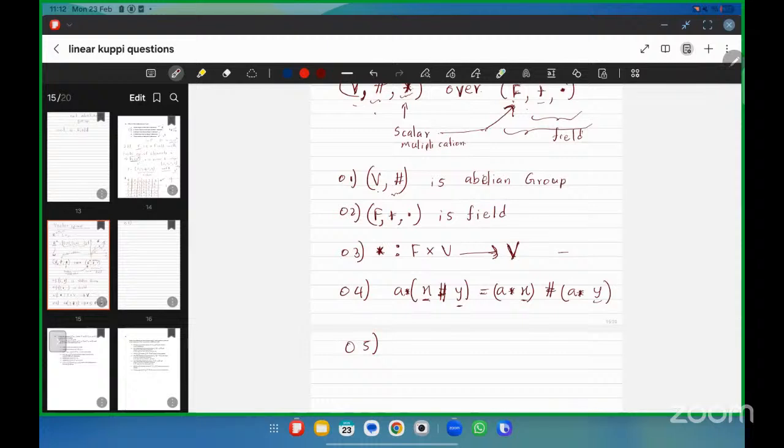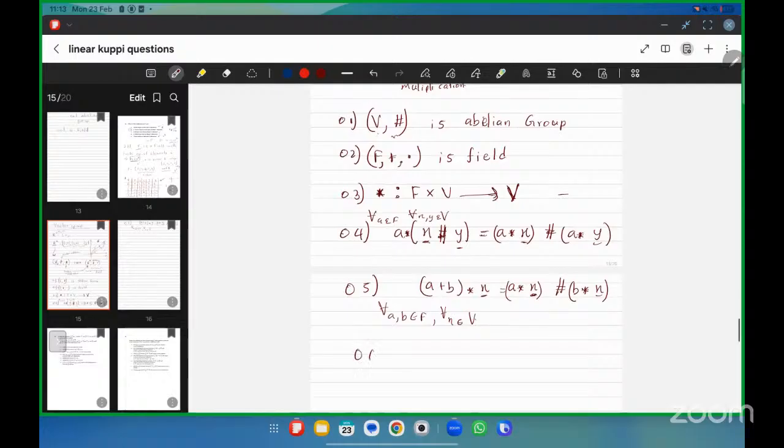The fifth condition is A plus B star X equals A star X, which becomes a vector, and we have to perform vector addition with B star X. Here it is for all A in F and for all X, Y in V. For all A, B in F, it should be satisfied for every element in F and every element in V. And the next condition is the sixth condition.